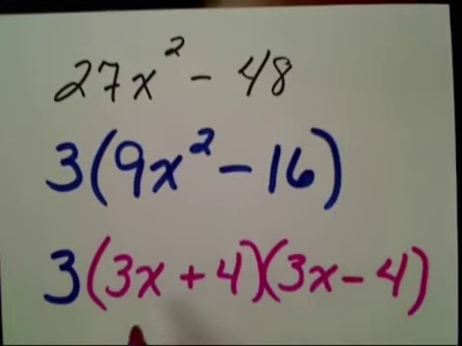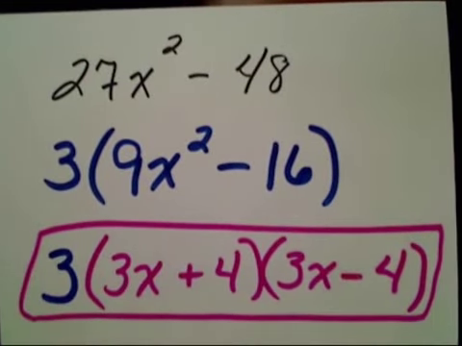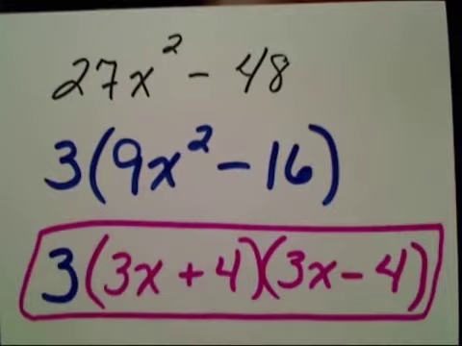Now I can't go any further because these only have x to the first power, so now I'm done. Don't lose that 3, it's still part of my answer. So when you're factoring with two terms, make sure that you realize that you have the difference of two perfect squares, but you might need to look for a greatest common factor first.